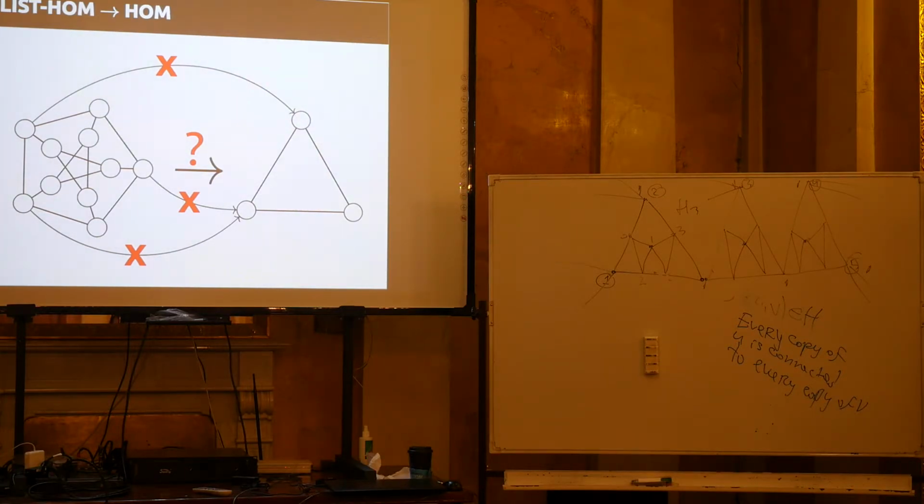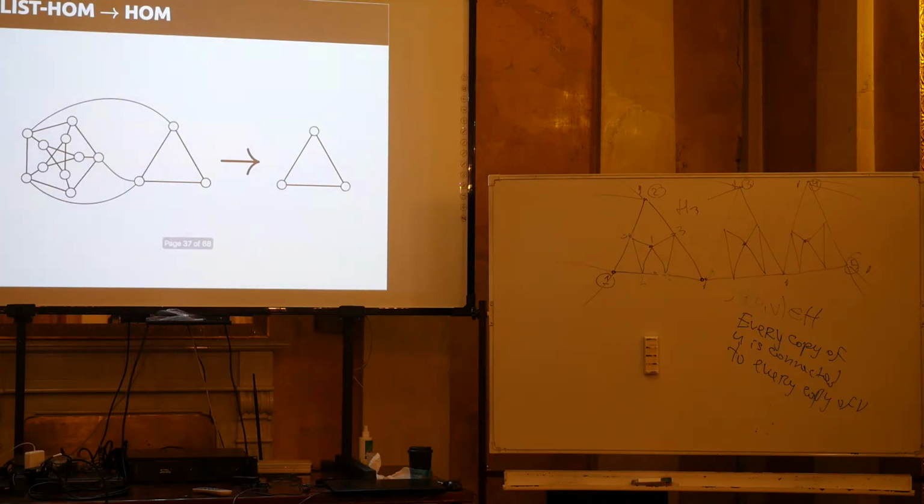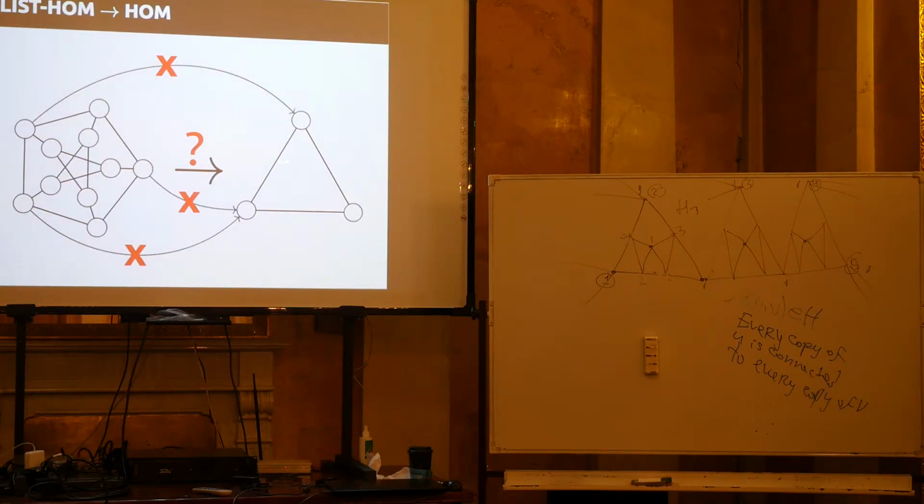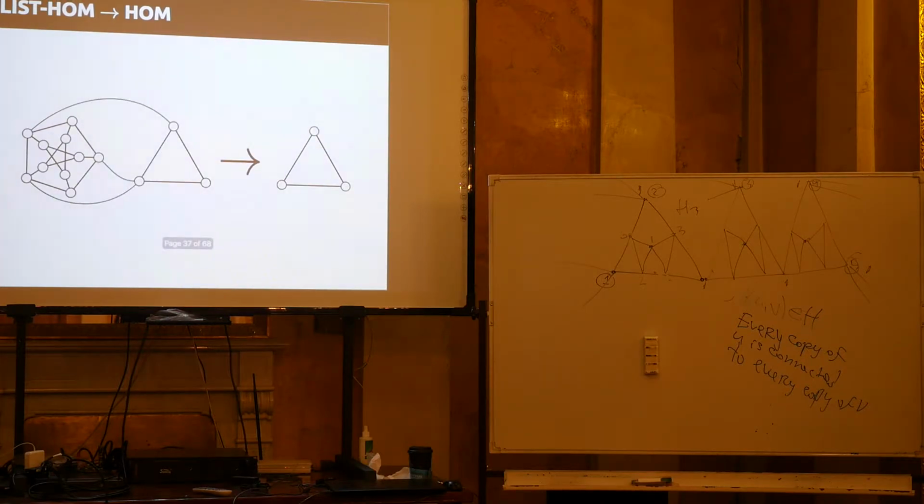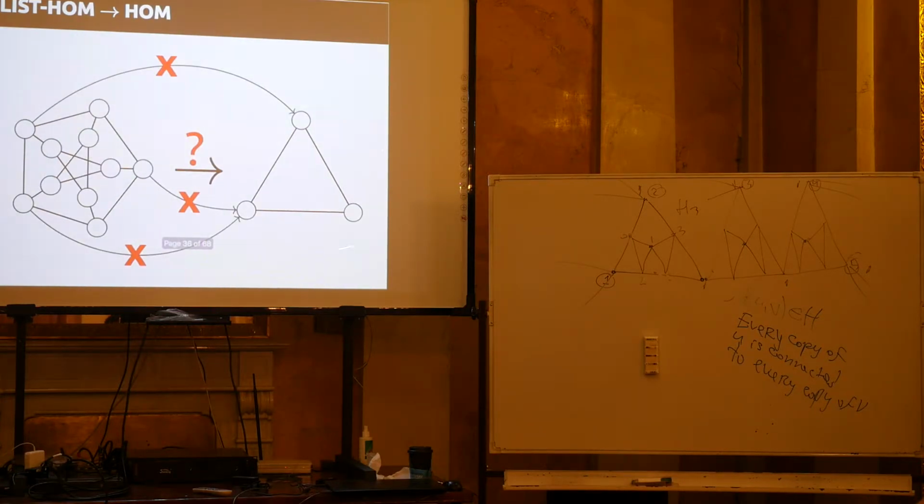So how would we solve such a problem? Ideally, I would just like to say that I'm reducing list homomorphism like this to the homomorphism problem without any lists, where the left-hand side is now a combination of these two graphs, and the right-hand side graph is the original host graph.